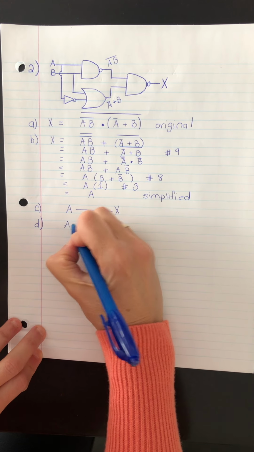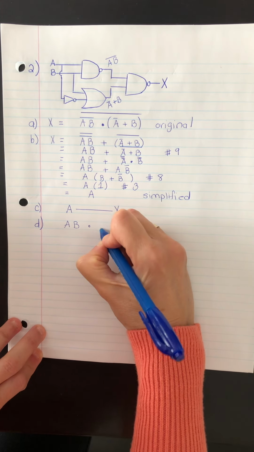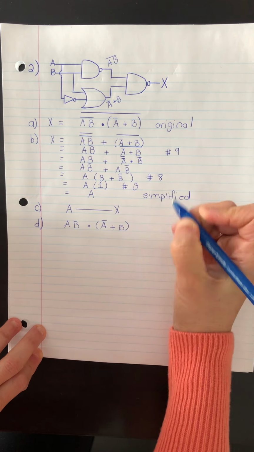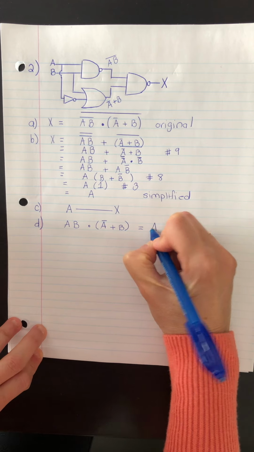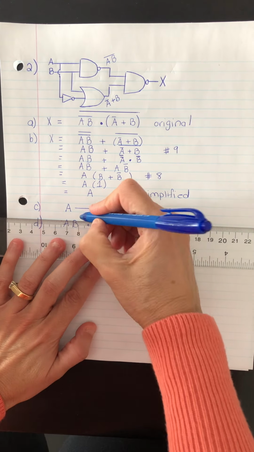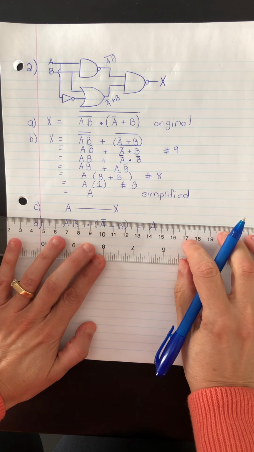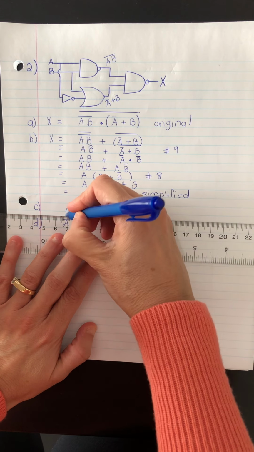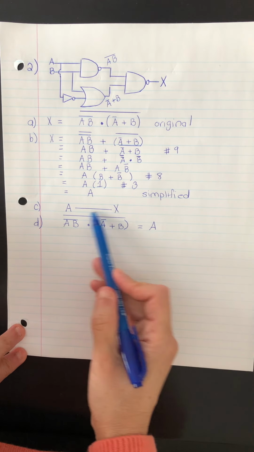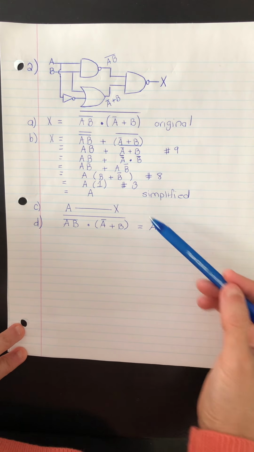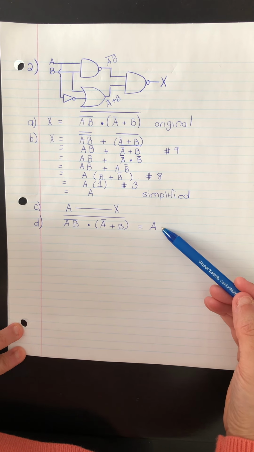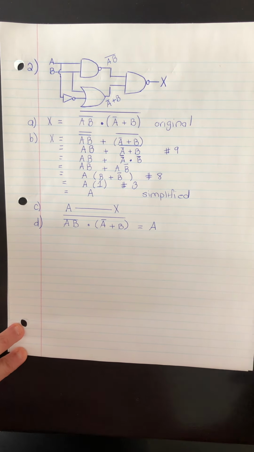What you're trying to prove is this. Okay, so that's the original on the left side, and that's the simplified or final expression on the right side, and we're going to do this with the truth table.